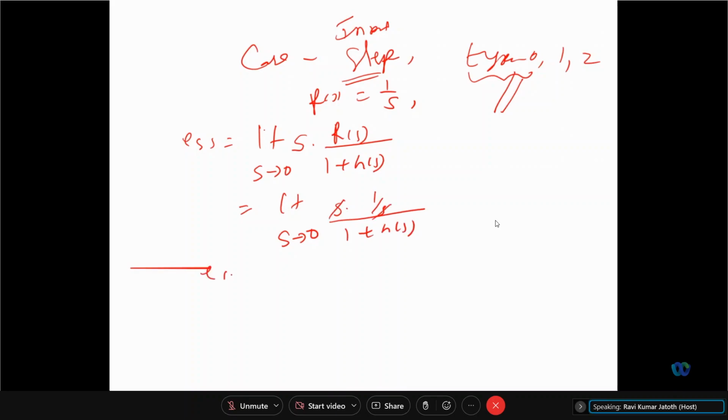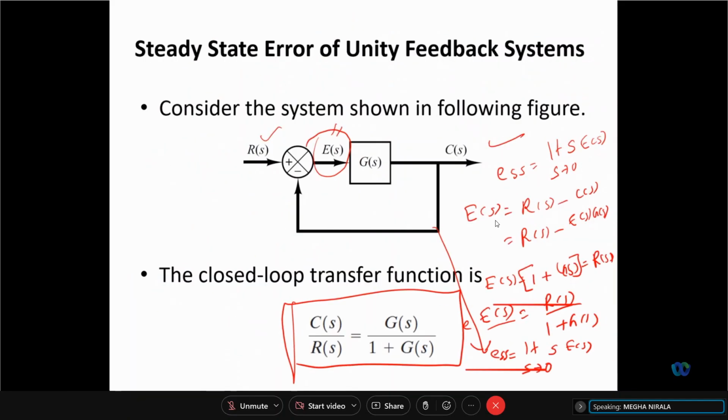So what is the steady state error? Limit S tends to 0, S times R of S into G of S. Why R of S into G of S? Because C of S by R of S equals G of S upon 1 plus G of S. I have derived this.